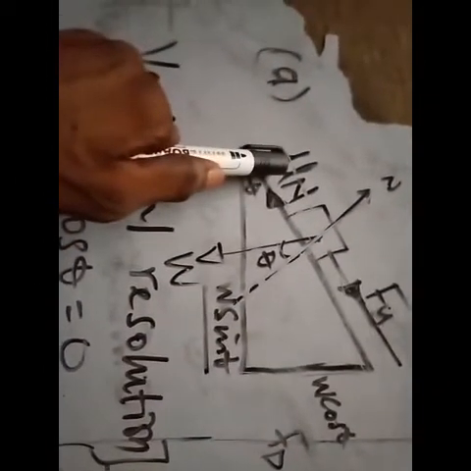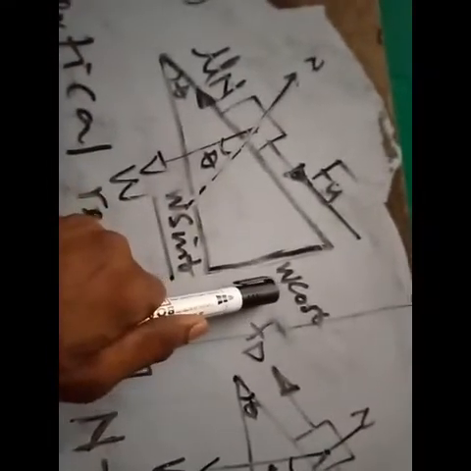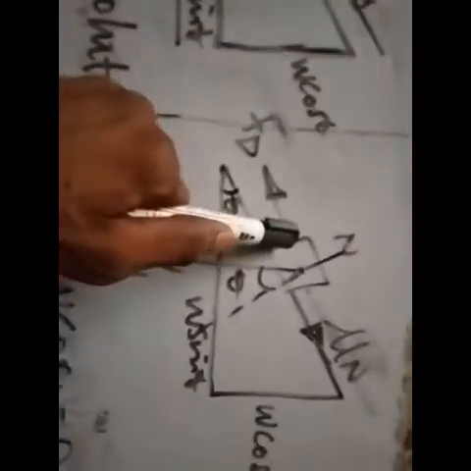And if you're going to do the horizontal resolution, I did that some few seconds ago. That is your F, your force up, minus your frictional force, minus your W sine theta. For this other case, the force is acting downward and the frictional force is acting upward. Resolving vertically, I will have my normal reaction minus W cos theta.